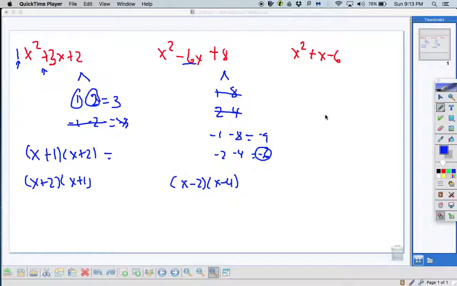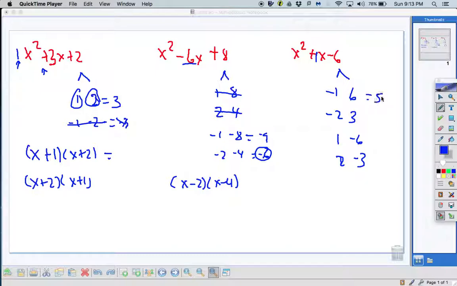Okay, doing one more. This time I'm looking at 6, so I've got 1 and 6, or 2 and 3. Now, because it's a negative 6, I need to have a negative somewhere. So I can put it on the first numbers, or I can put it on the second numbers. The hidden number here before the x is a 1, so I want to know which one adds up to 1.